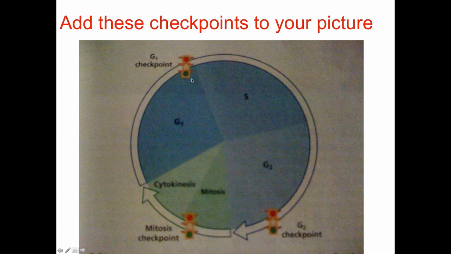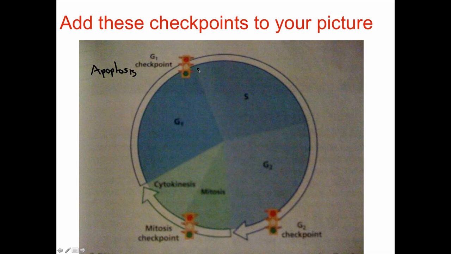If things are not happening correctly, the cell will either stop and wait until something is corrected, or if it can't be corrected, the cell might actually go through the process of apoptosis. So if something's really bad and things can't be fixed, apoptosis might occur where the cell might actually just simply die.